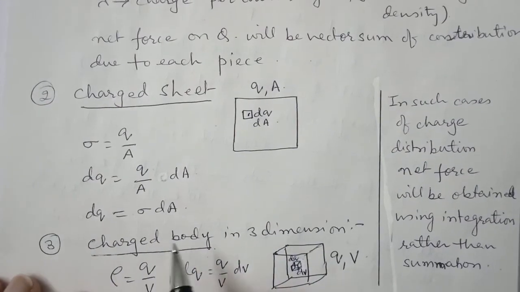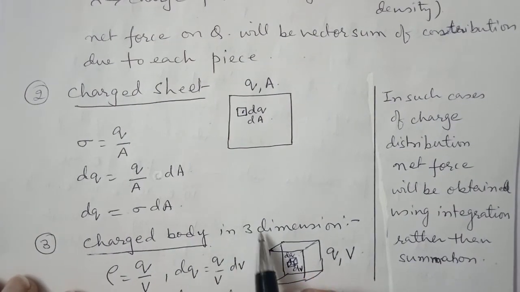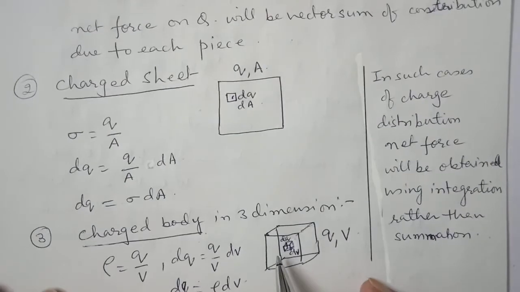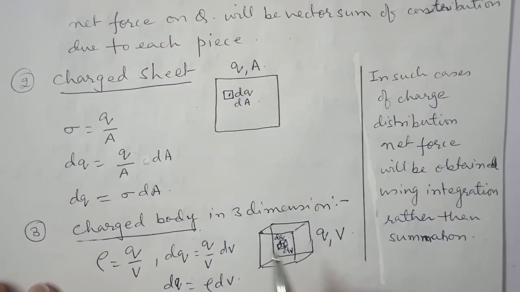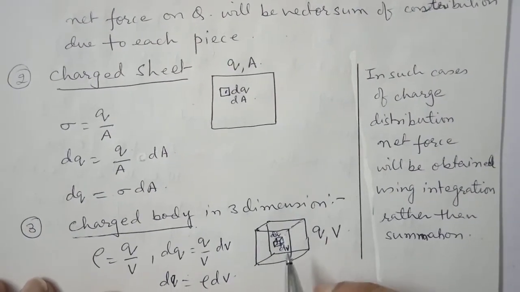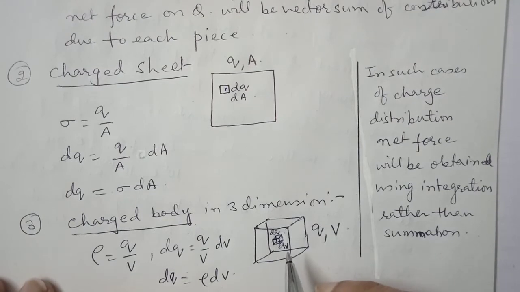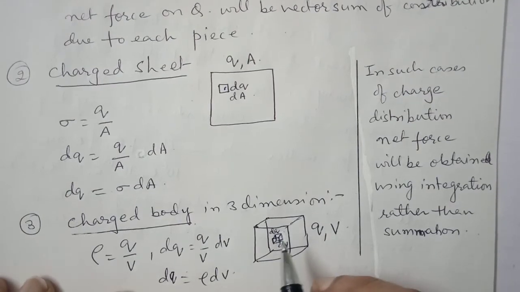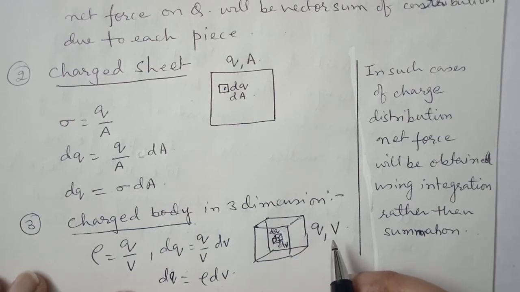The next one is a charged body. Soon I come to this three-dimensional case. I will not call it a conductor now, but it is some body which is charged totally from inside also, usually insulators. In such a case, I can consider charge per unit volume.